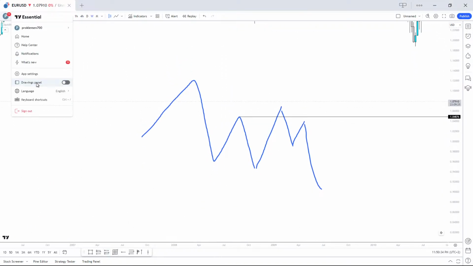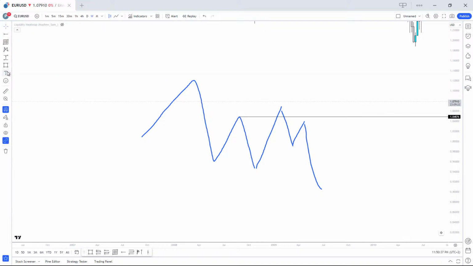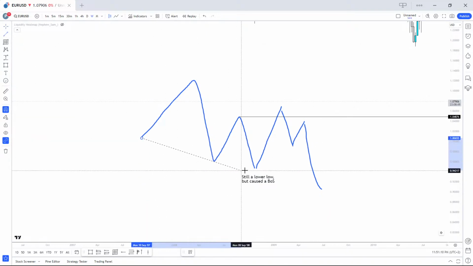Alright, so let me grab my text. Still a lower low that caused the break. So we can do something like this, still following the trend.